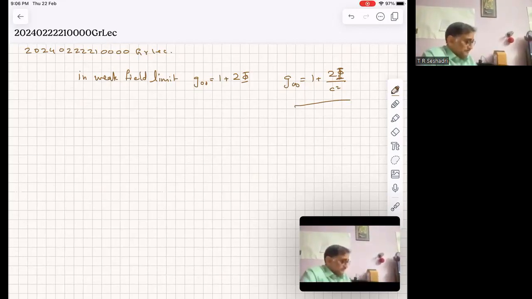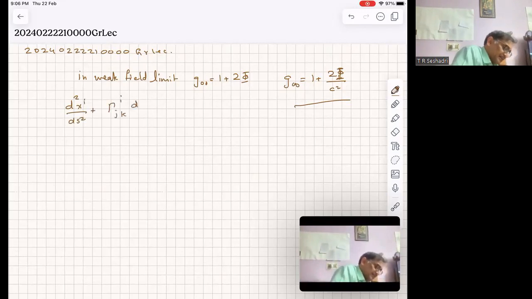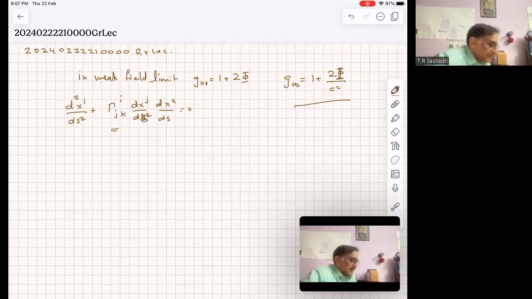Now, the other thing which one sees is the geodesic equation: d2x i by ds square plus gamma i jk dx j by ds dx k by ds is equal to 0. This tells me that given the form of gamma, I know how the velocity will evolve.